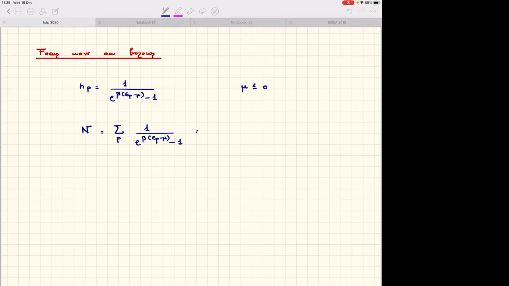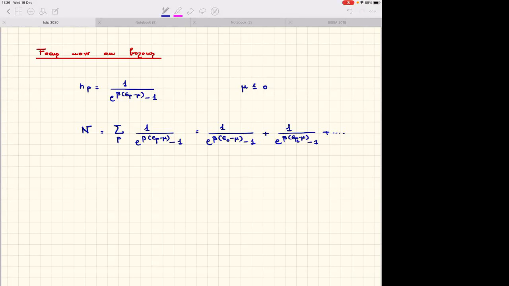So I'm summing over the ground state, 1 over e to the beta (epsilon naught minus mu) minus 1, and then the excited states, 1 over e to the beta (epsilon p1 minus mu) minus 1, plus etc. In general, for any system having a finite size, this is a discrete sum.